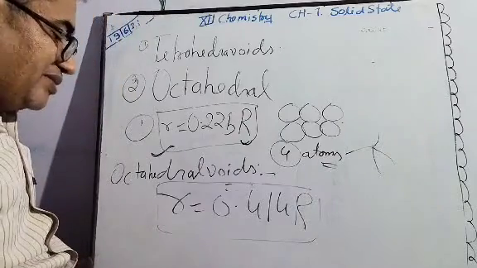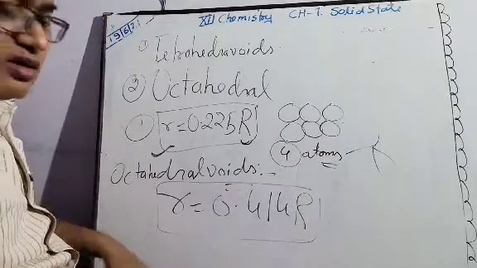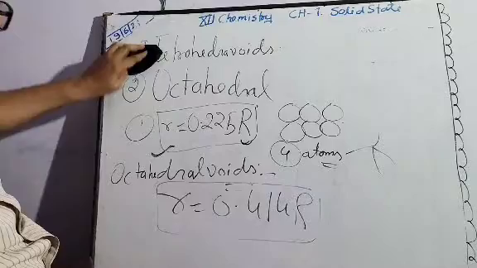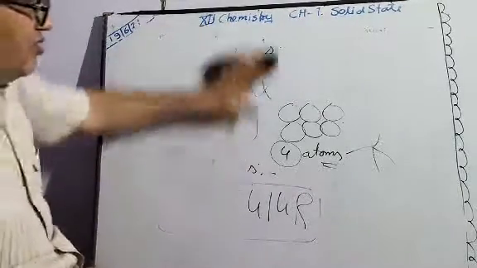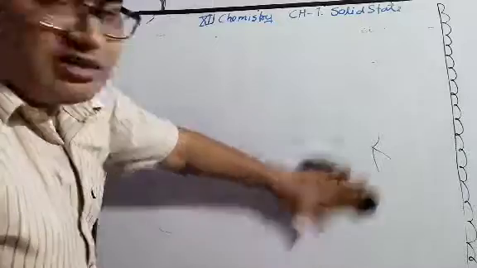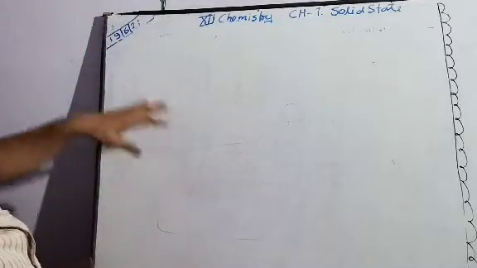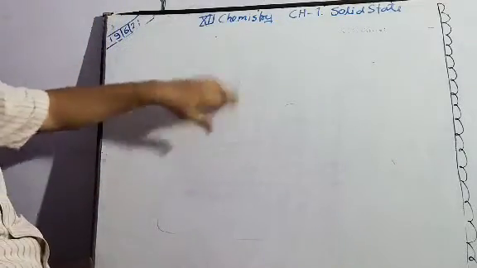That is why we have to concentrate sincerely on these two kinds of voids, octahedral voids and tetrahedral voids.